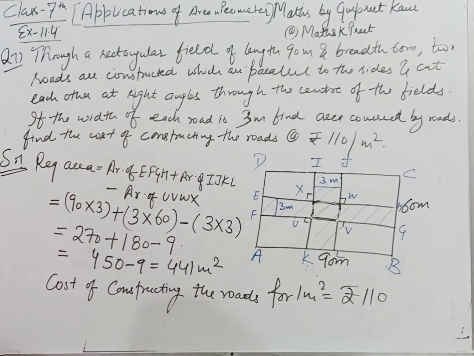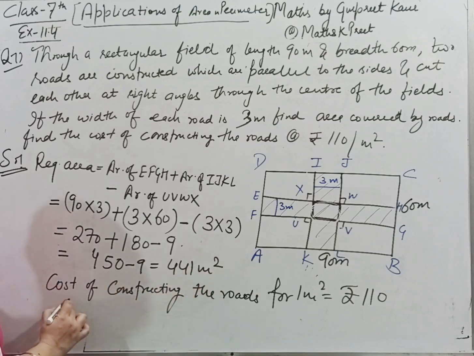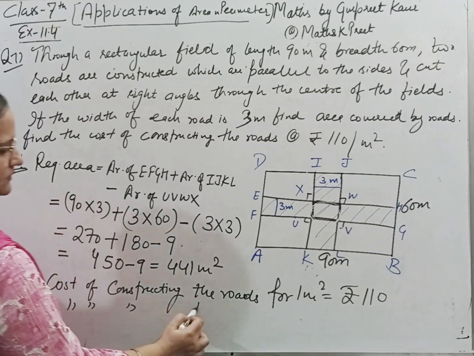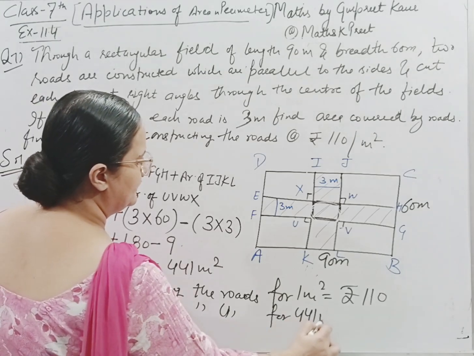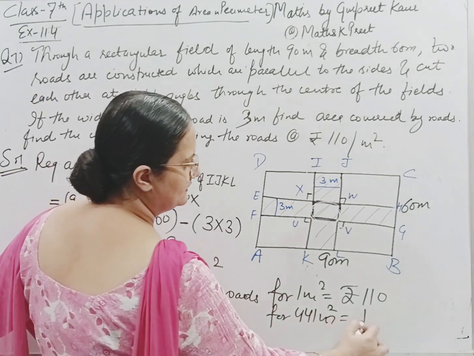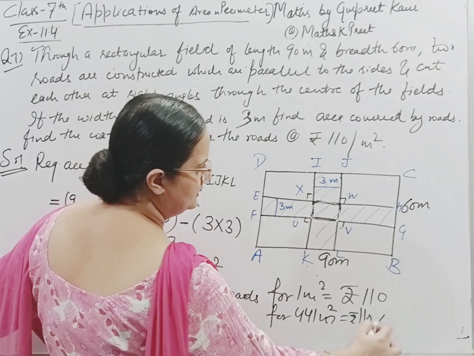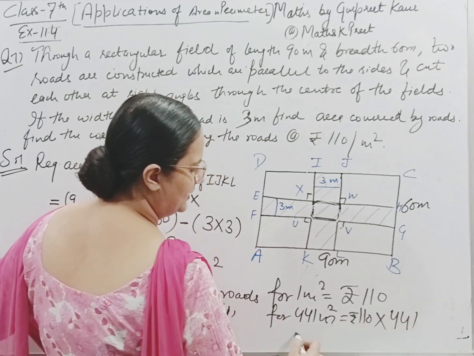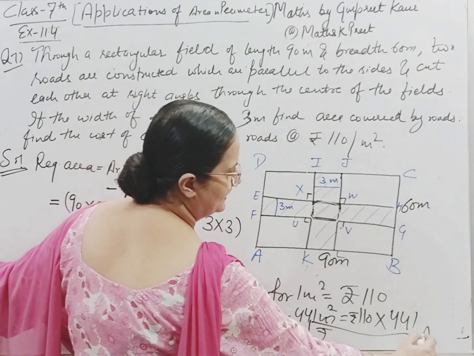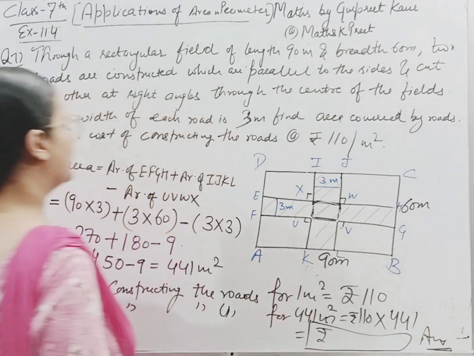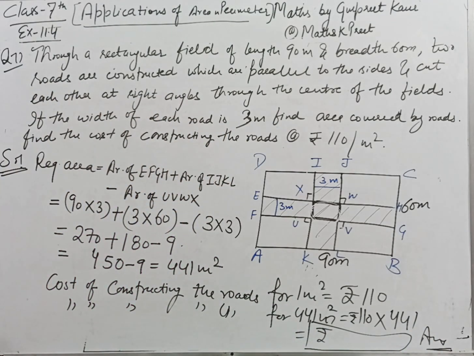But we have to construct 441 meter square of roads, so I will just multiply 110 with 441. You will get your answer in rupees. You can multiply this and get your answer for the cost of the construction of these roads.